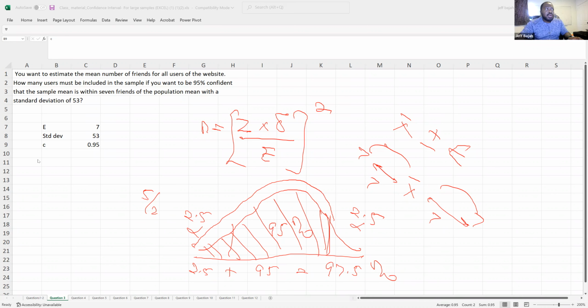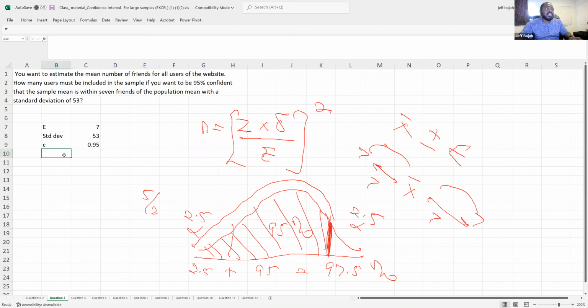Now, in the exam, you don't have to worry about this because we provide you the Z values, but I just want to show you how we're able to convert our confidence level into Z values. So your 95% confidence is right here. And remember, because it's 100%, there's 2.5 here and 2.5 here. And so we add that, and this value here is actually 97.5.